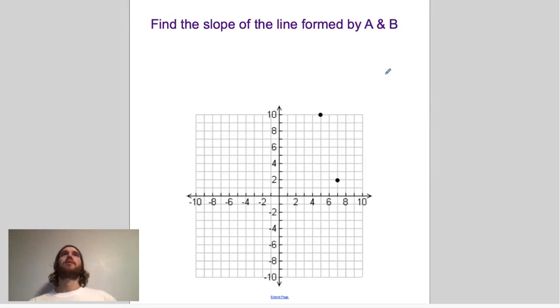Find the slope of the line formed by points A and B. We'll call this point A and point B. If you want to know the slope of the line, there's a couple different ways that you can do this. The first way that I like to do it is by just remembering that equation, rise over run.